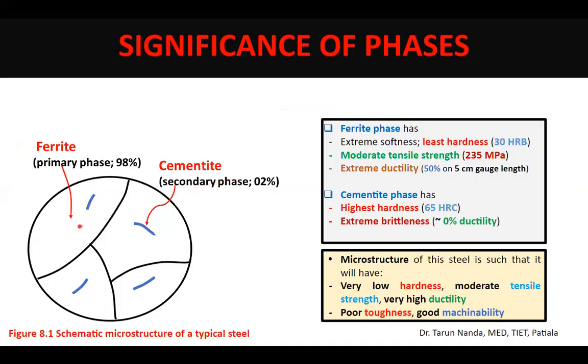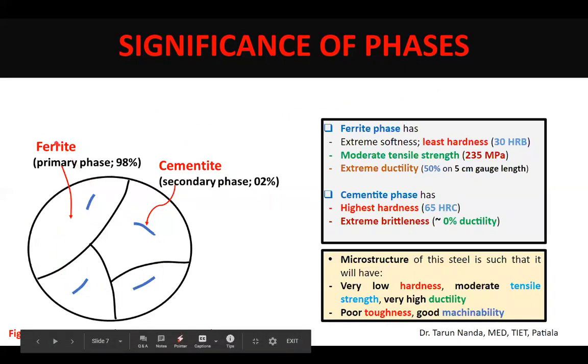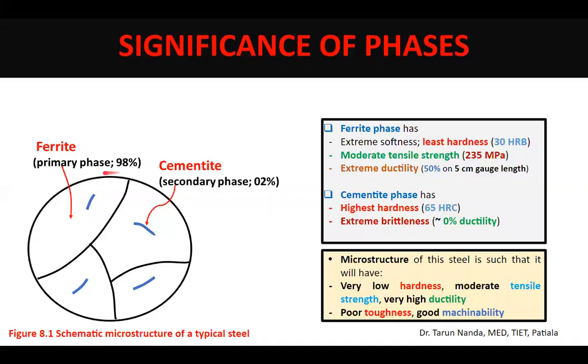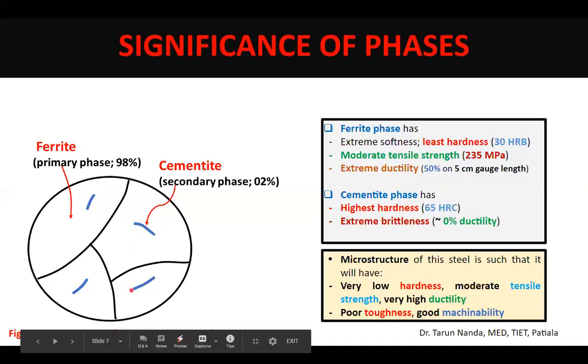What we can see is this white region or this white area is being referred to as the primary phase. It occupies maximum volume fraction. It has occupied 98% of the area that you can see in the microstructure. So this becomes the primary phase. The other phase is cementite, the remaining 100 minus 98, 2%, is occupied by cementite. Then cementite has got this thin plate type of morphology.